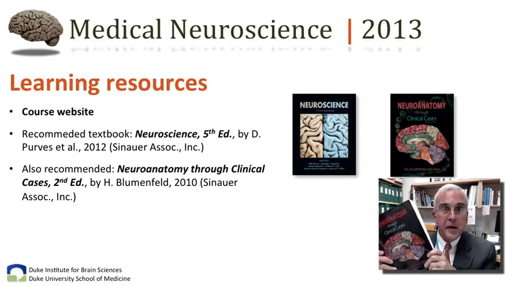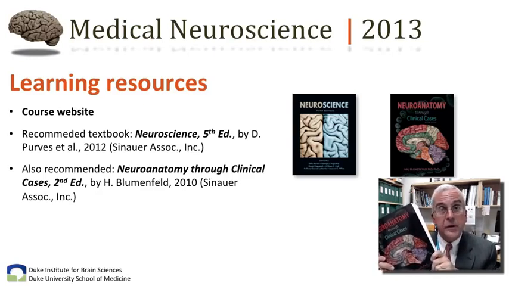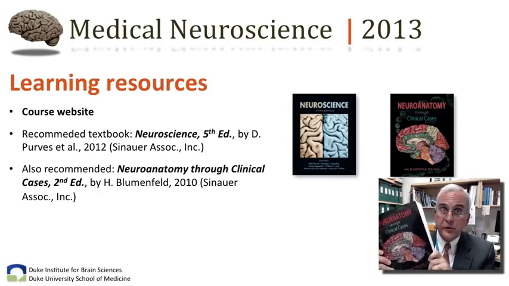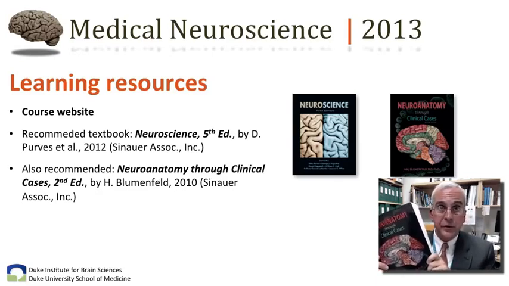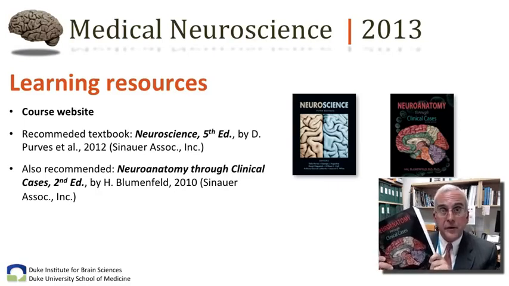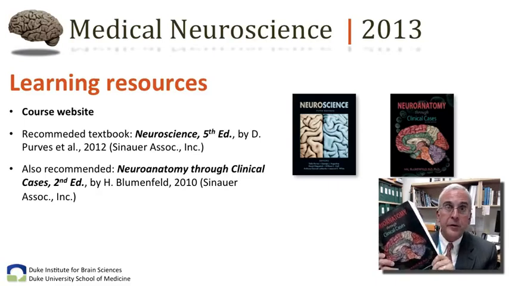Dr. Blumenfeld has compiled a number of cases from his own practice that illustrate fundamental aspects of the organization of the human nervous system. And I know that you will really enjoy reading through this book and challenging yourself to work through the clinical cases that Dr. Blumenfeld himself confronted in his clinic. This book is also published by Sinauer Associates, and you can find it there at their website as well.